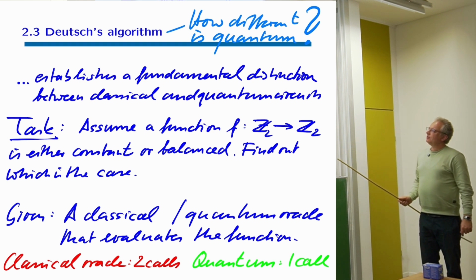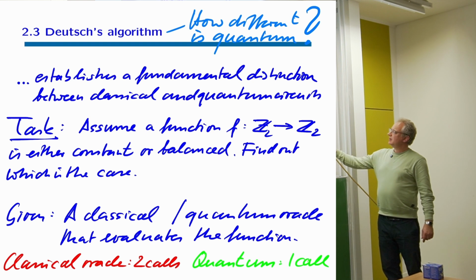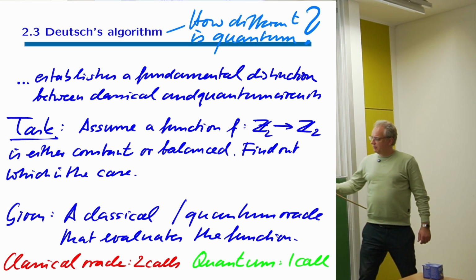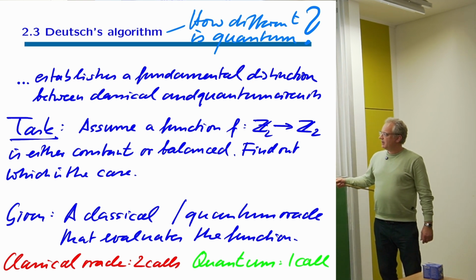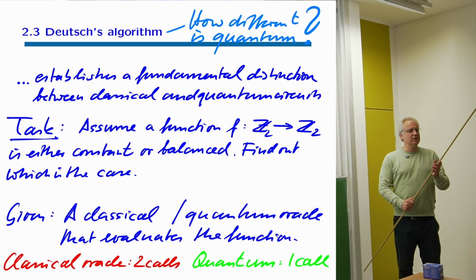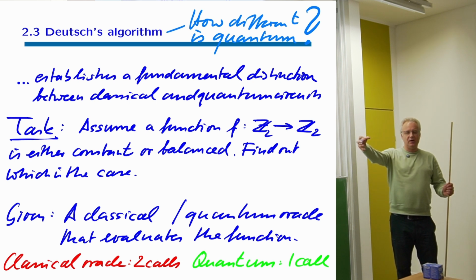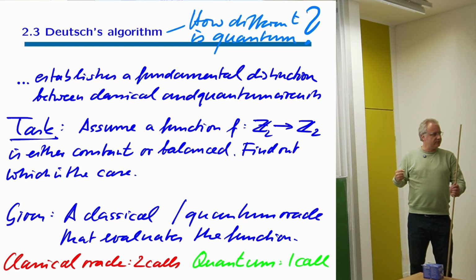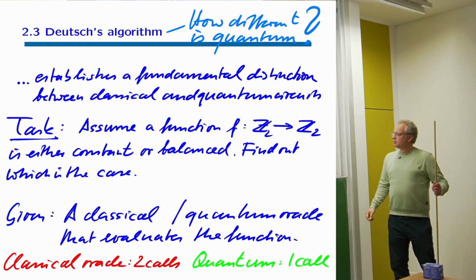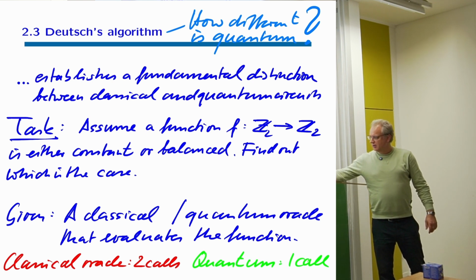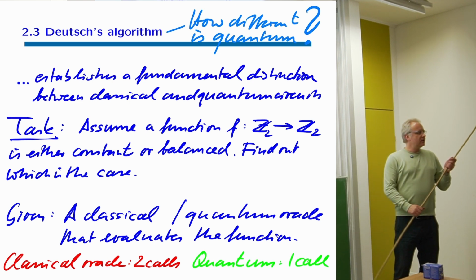Okay, and the task is, given such a function, find out which one it is. And here is how the function is given. It is given as an oracle. So you have a box and you can throw inputs at this box and it will tell you the corresponding outputs. So that's what is given to you. So classically it turns out you need 2 oracle calls.